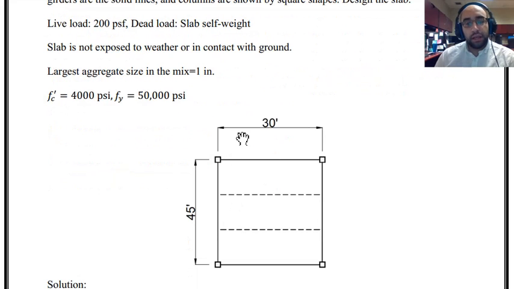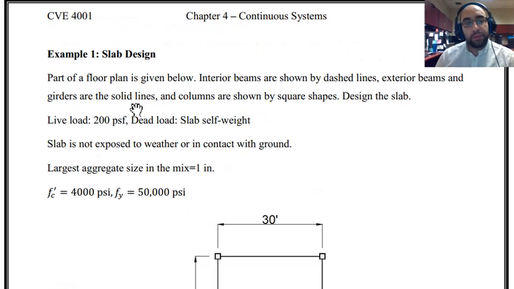In the plan portion that is given to us, we can see the slab, we can see 4 columns at the ends, and we can see 2 interior beams that are shown with dashed lines. The problem is asking us to design the slab, and the live load is given to us. Dead load is just slab self weight, and that is a very common situation.